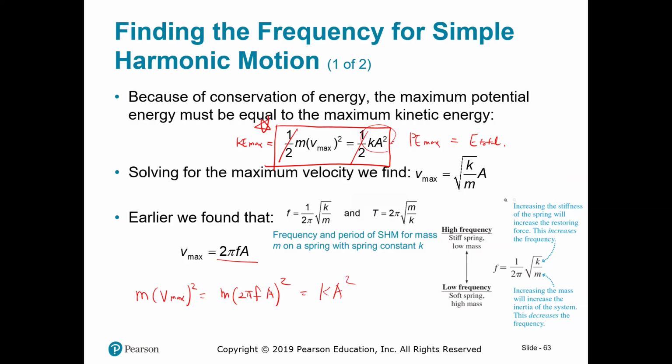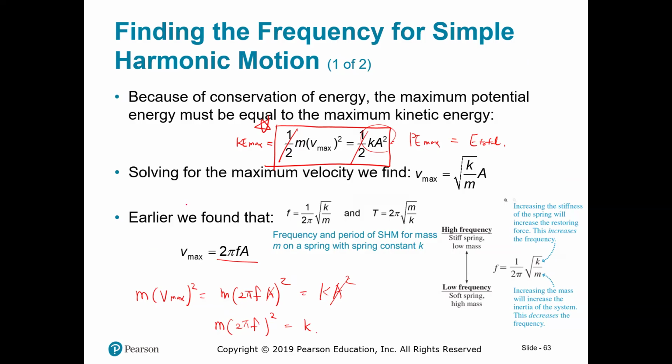So this is A square, so you cancel A. Let me do it again. It's just to use the 2 pi F. M (2 pi F) square is K, right?